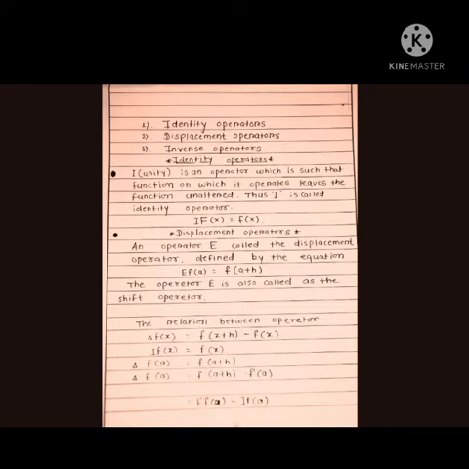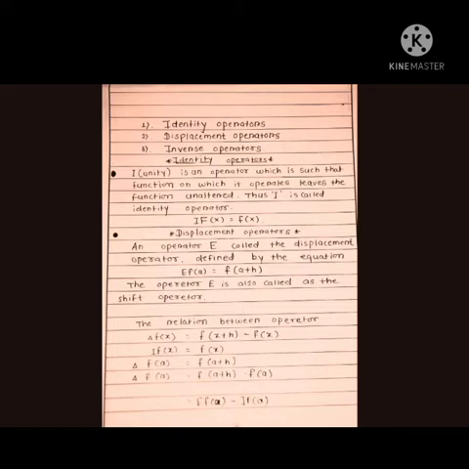Second, displacement operators. An operator E is called the displacement operator, denoted by the equation E f(x) = f(x + h). The operator E is also called the shift operator.